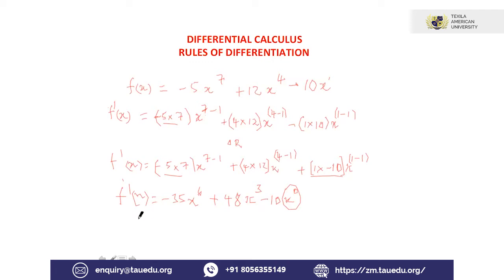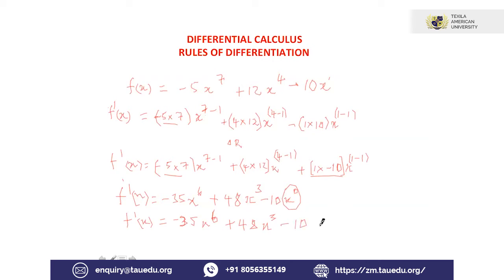So, obviously, I can write it like this. F prime of x is equal to negative 35 x to the power of 6, then plus 48 x to the power of 3, then x to the power of 0 is 1, times negative 10 will give you negative 10.